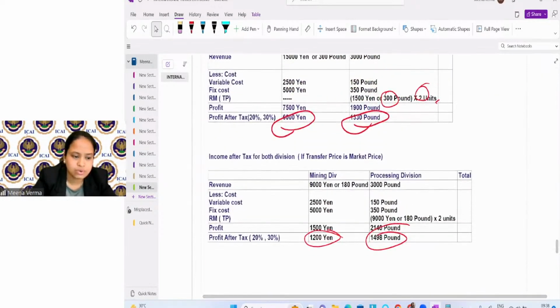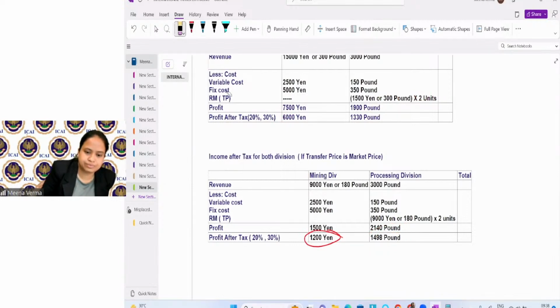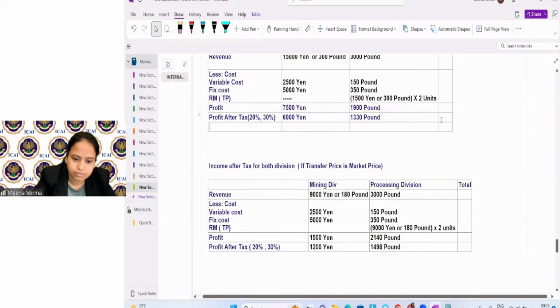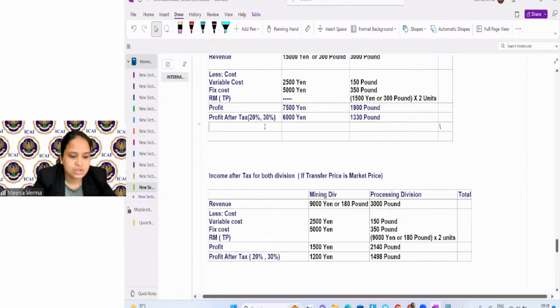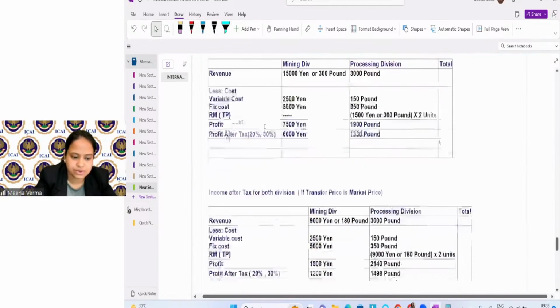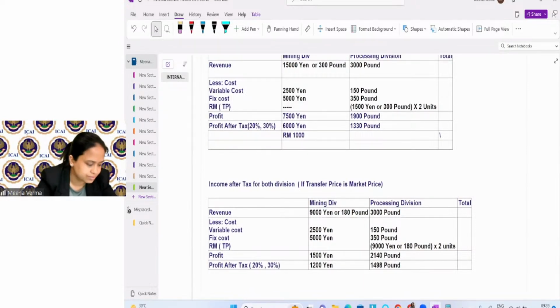So here we know the profit after tax. Let me make it complete. So we have raw material, how many units? 1000 units.